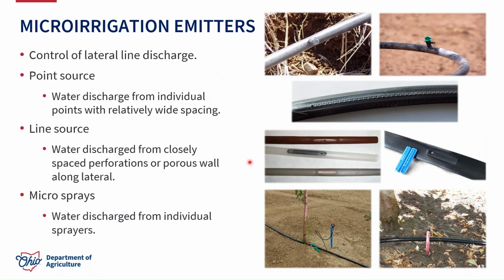Alternatively, we could have line source emitters such as drip tapes, and these are emitters that are typically formed within the tape itself, within that lateral line, and water is discharged from closely spaced perforations along that wall in the pipe. And then lastly, we could have micro sprays. These are small sprinklers or sprayers that provide a localized spray to a crop or plant along that lateral line.